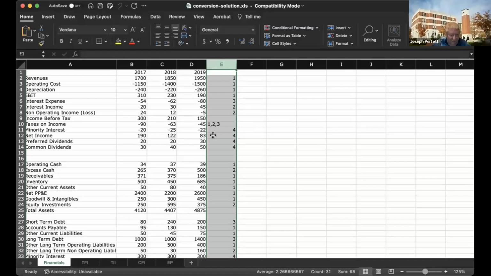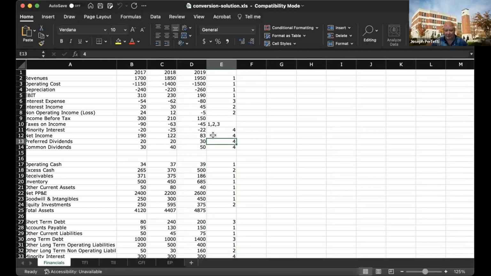All right, back to our homework assignment for last week. This is where the training wheels are on. That's why I'm giving you the formulas to help you better understand what we did in the conversions. With these statements, the income statement and balance sheet, it doesn't matter which statement you convert first.